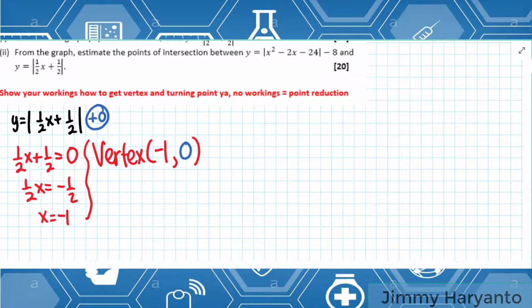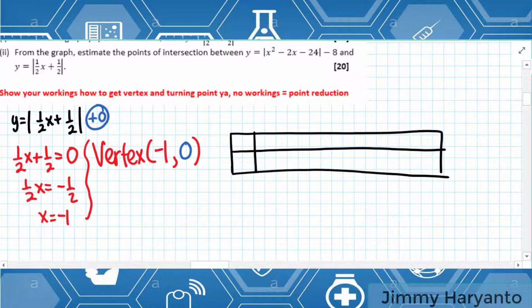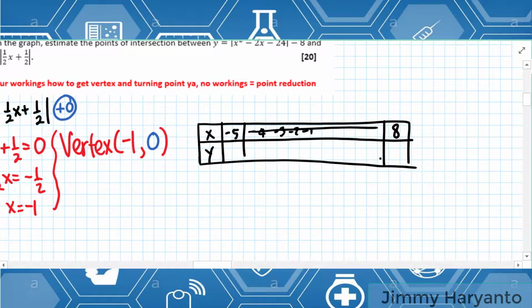Go to the table directly. The table will be from negative 5, same as before, until 8. But because this is a linear absolute, we don't have to calculate negative 4, negative 3, negative 2, negative 1. This is not necessary. The important ones are negative 5 and 8.